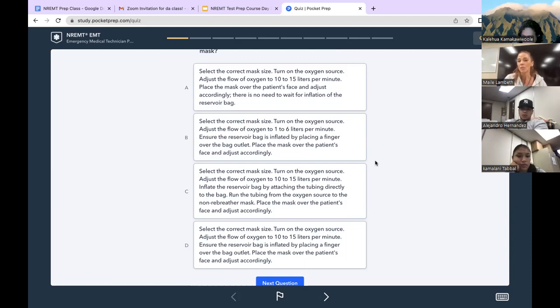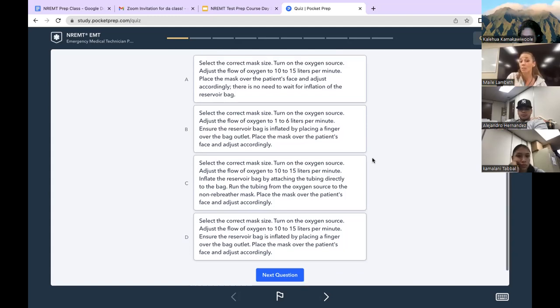The way that they flow. Right. Do we attach the tubing directly to the bag? No. Where does it go? It goes to the actual mask. So for this particular question, the way they worded it, we know it doesn't go to the bag, it goes to the mask.